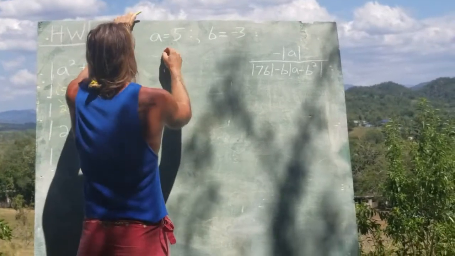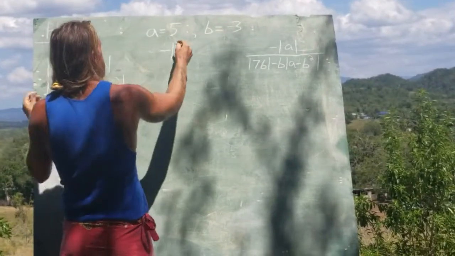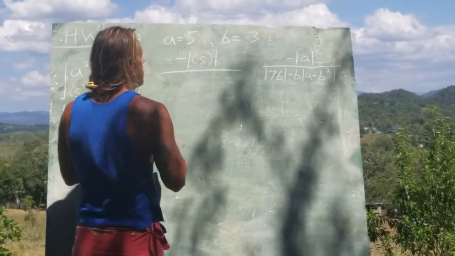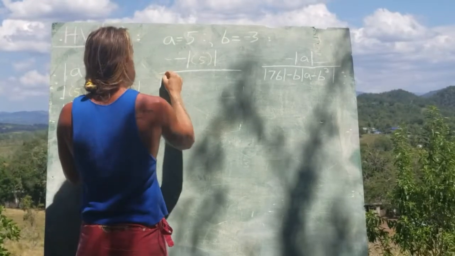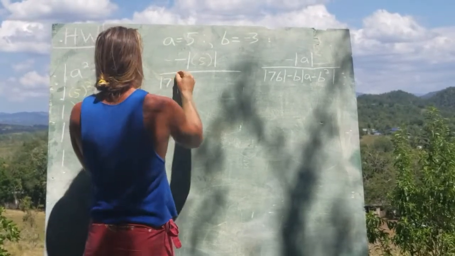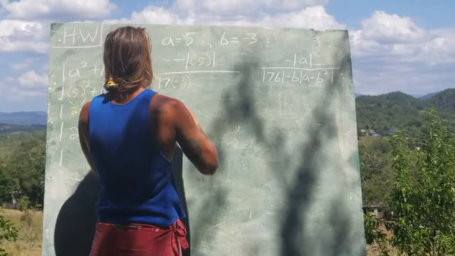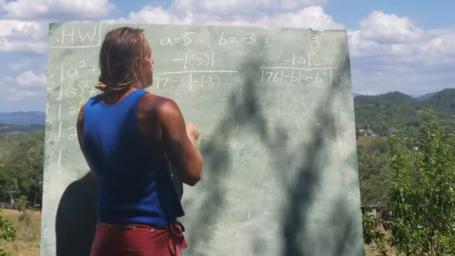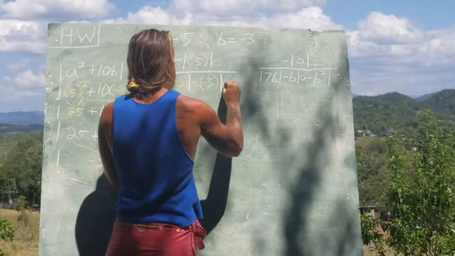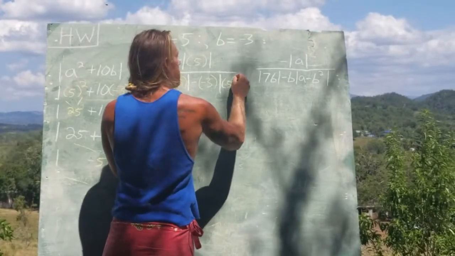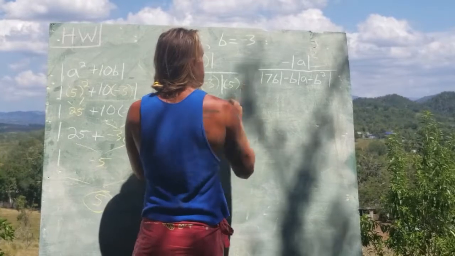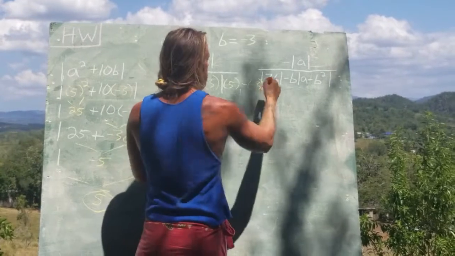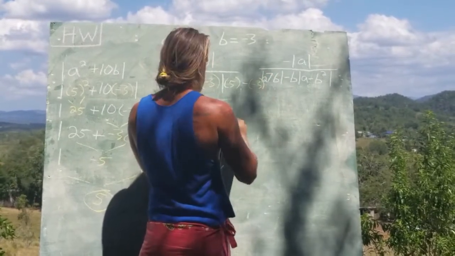So we need to substitute in 1, the absolute value of a, which is 5, over the absolute value of 7 times b, negative 3, minus b, negative 3, times the absolute value of a, 5, minus b, negative 3, squared, and absolute value.